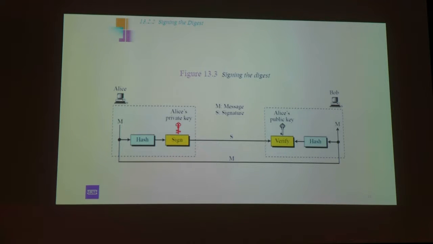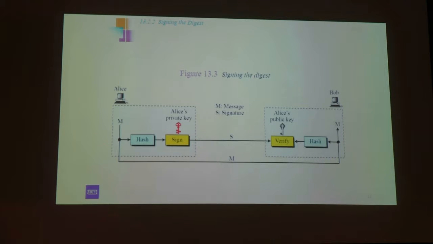When I send the signature with the message, what does the recipient have to do? Generate the digest again and check if the signature matches. Clear? So we don't have to sign the whole message. We sign a digest of it. We pass it through the hash function.